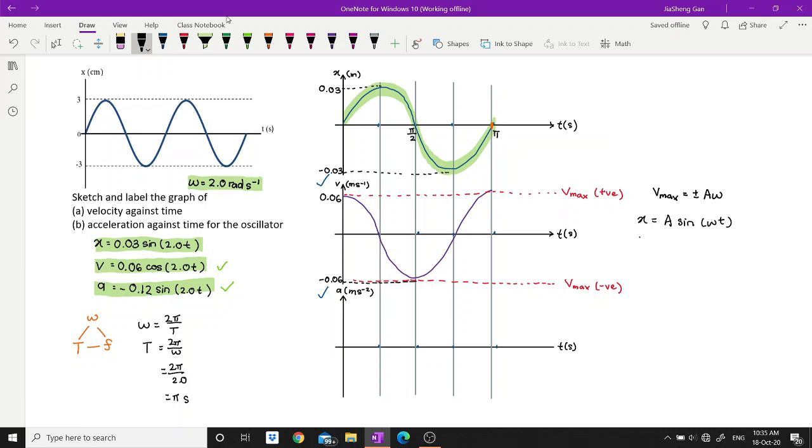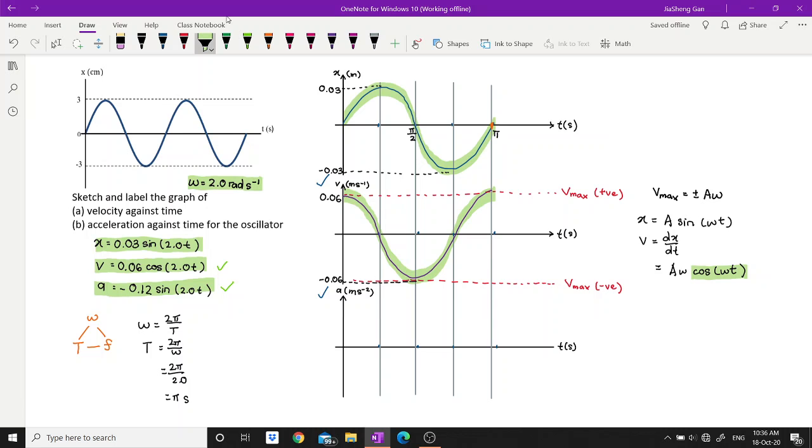So if you do a bit of differentiation to find the velocity, what will come out is A omega cos omega t. This will be the differentiation of the equation of motion. So if you see here, this represents a cosine graph. That's why our graph looks like a cosine graph. It is exactly a cosine graph.